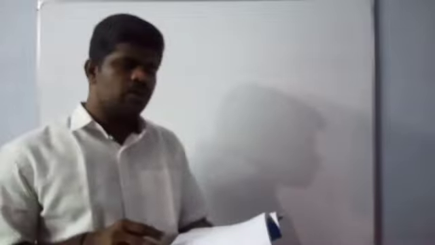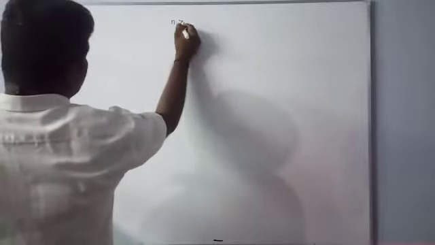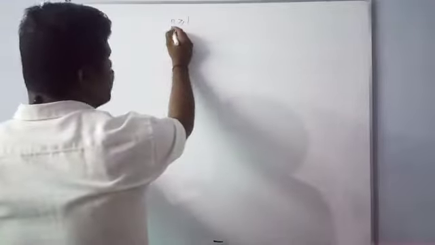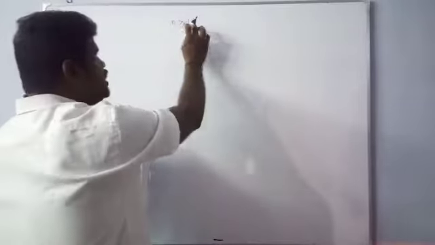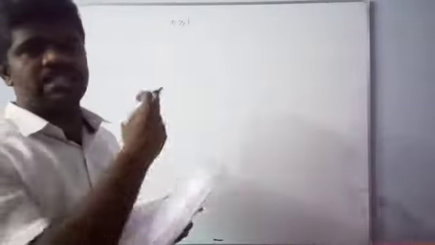Now the theorem 3.1. Every polynomial equation of degree n greater than or equal to 1 has at least one root in C. If suppose the degree is n, at least one root is there.